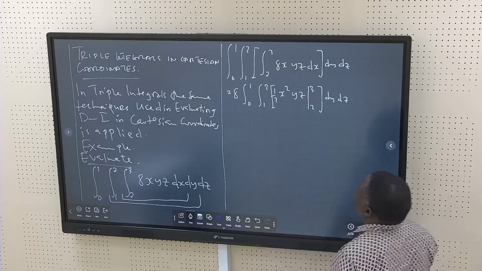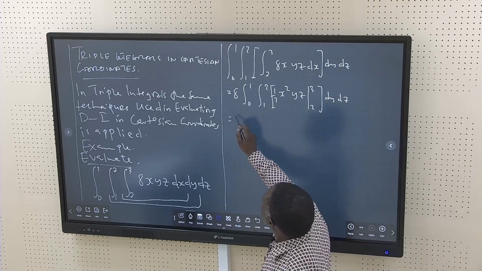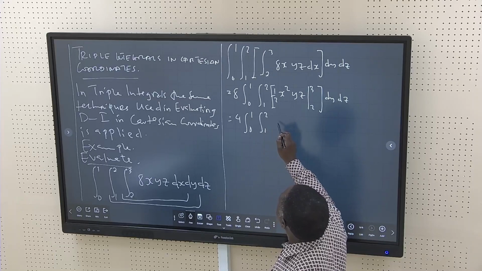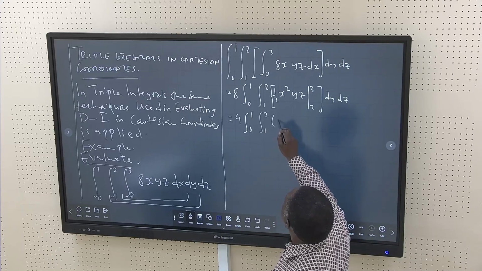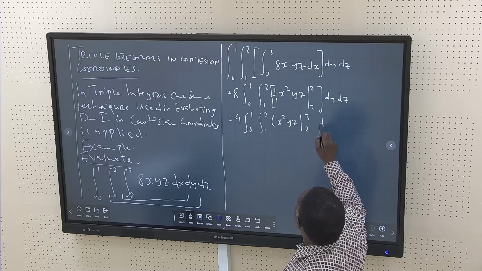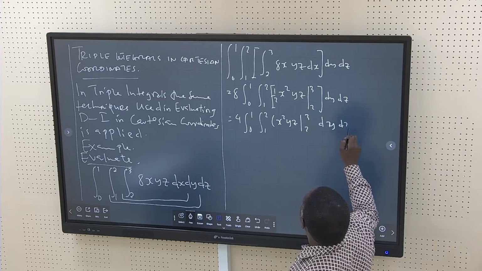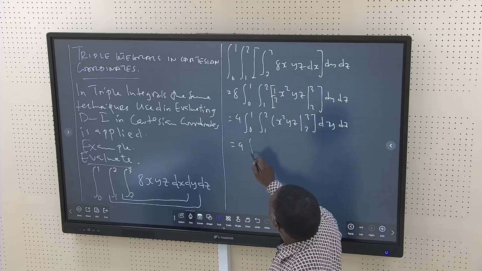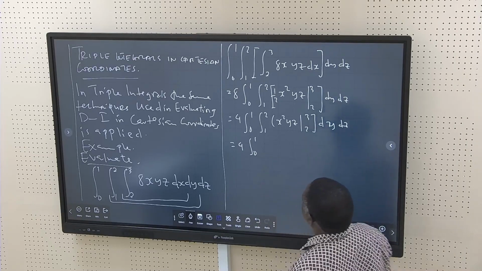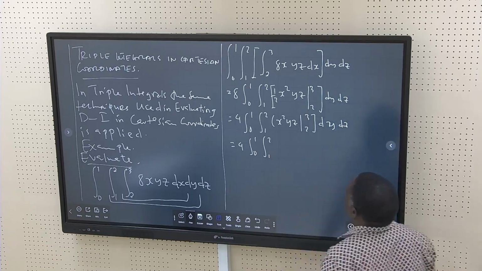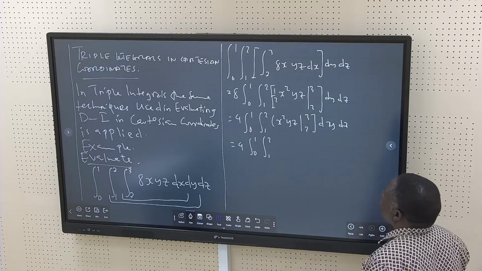Again, you can take out a half. So here you have 4, 0 to 1, 1 to 2, x square yz from 2 to 3 with respect to y with respect to z. Now finding the value, we substitute 3, minus 2.